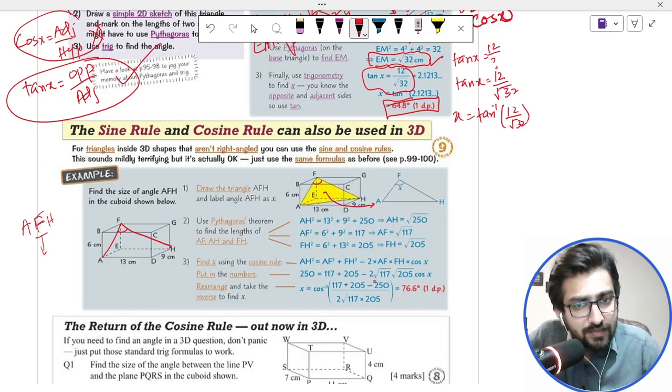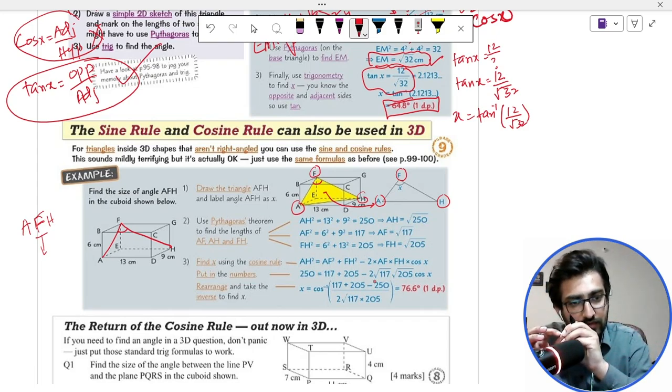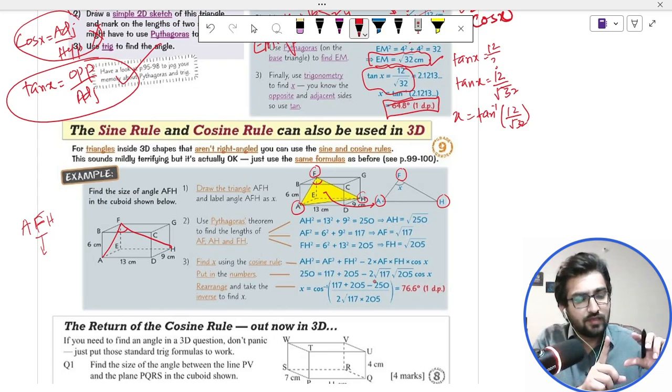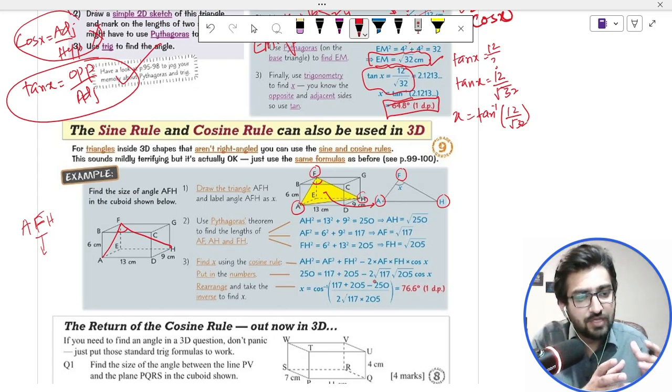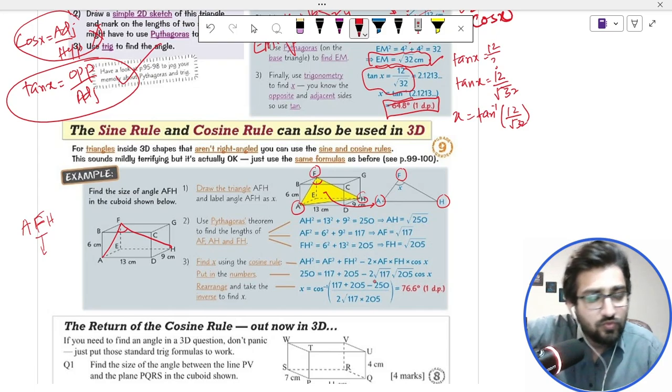That is A, F, and H. H is this one. I have just extracted that triangle and drawn it this way, and it becomes simple because it is a two-dimensional shape. And this is x which we want to find out.